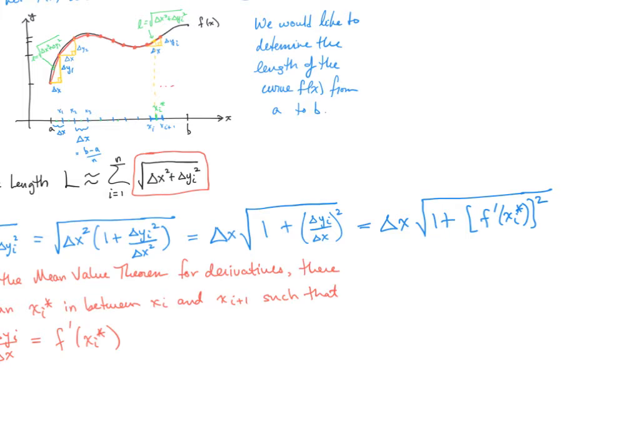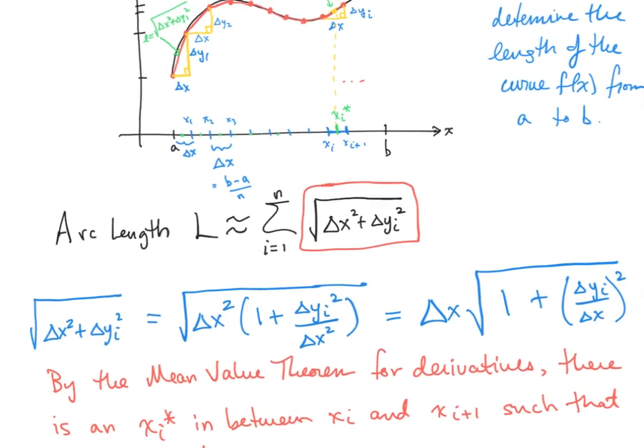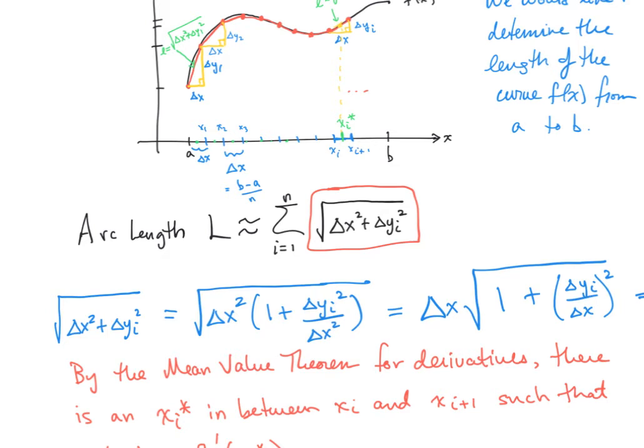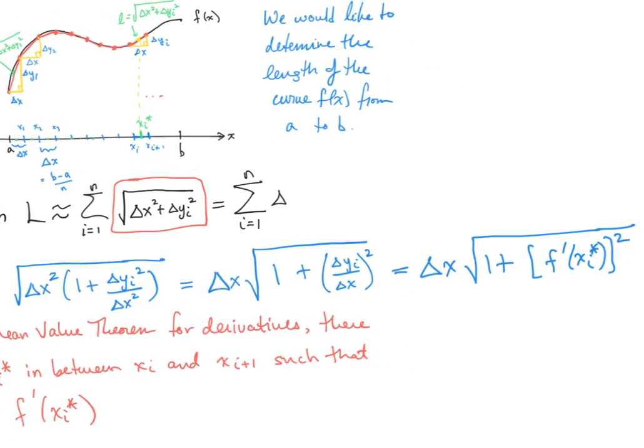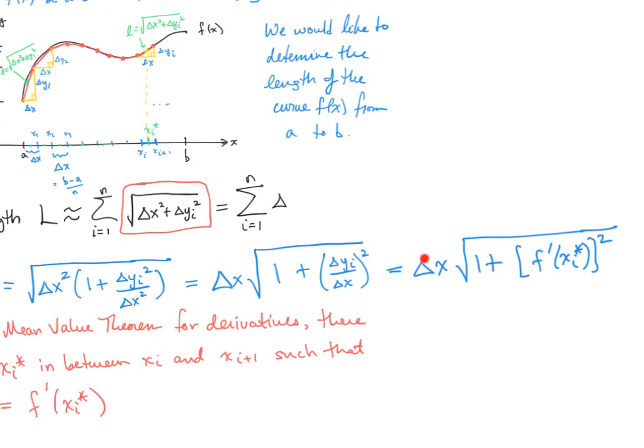Okay, so that's what we've got. So I'm going to go back here and look back at this arc length. I'm going to replace this with what it is. So I'm adding up all those lengths, but it's the same as adding up this expression. Actually, I'm going to put this delta x on the other side just to make it look a little more like something we've been studying.